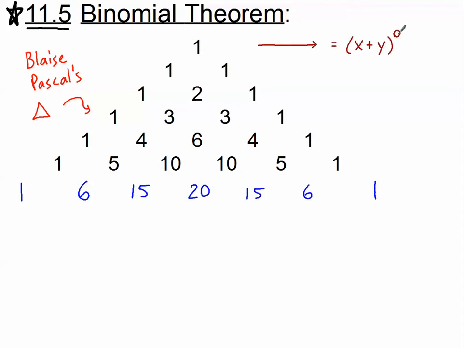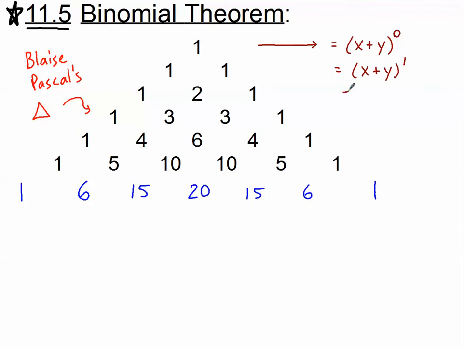Now obviously anything to the 0th power is just 1. That's why the first row is just a 1. The next row, I'll try to do it over here, would be x plus y to the first power. If we expand x plus y to the first power, well, obviously that would just be 1x plus 1y. The coefficients would be 1x and 1y.